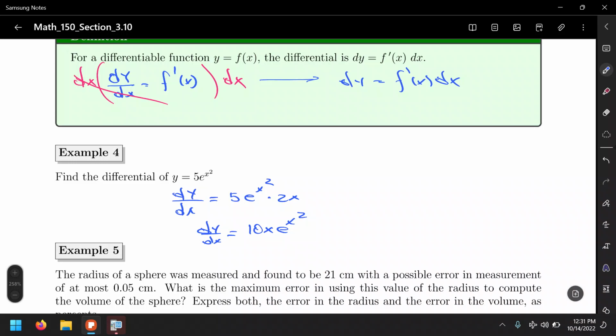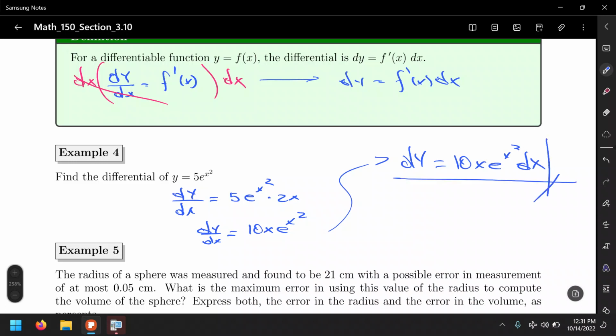That's it. We just leave the dy by itself. What does that actually tell us? The application in the next problem is going to answer that question.